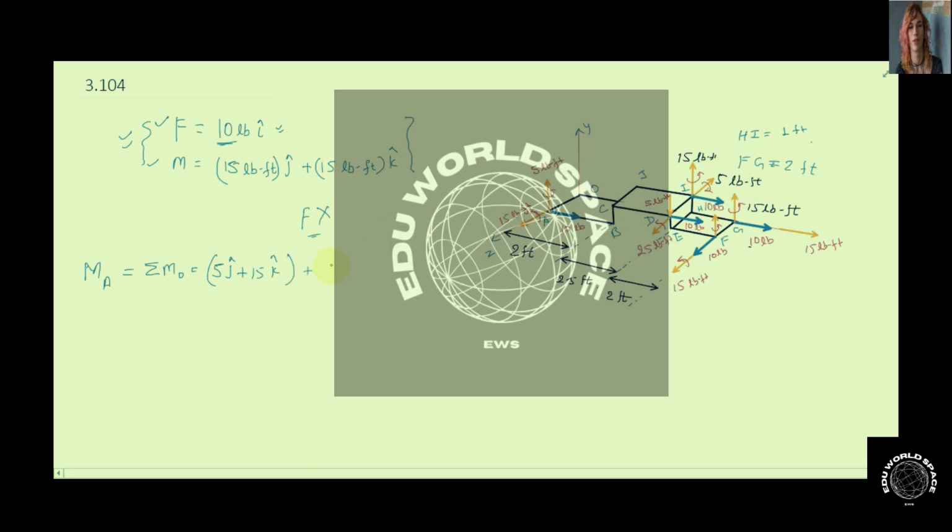So its moment will be, since the position vector of point A with respect to point O is 2 K cap, cross multiplied with the force vector, which is 10 I cap. So this comes out to be 5 J cap plus 15 K cap, and K cross I will give J, so it will be plus 20 J cap, which comes out to be 25 J cap plus 15 K cap.